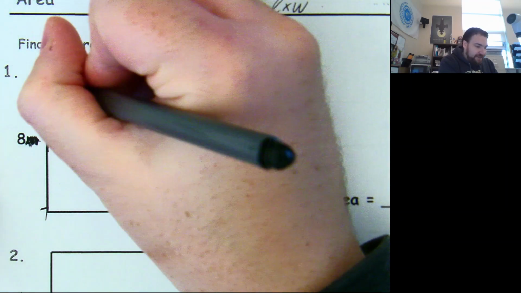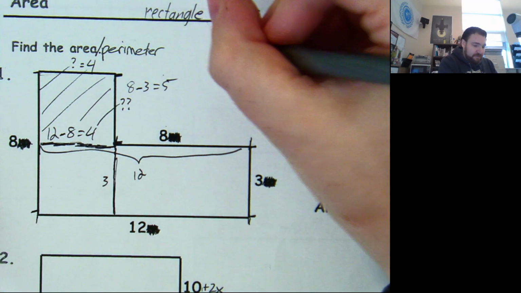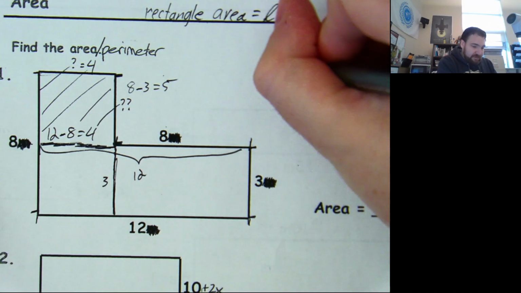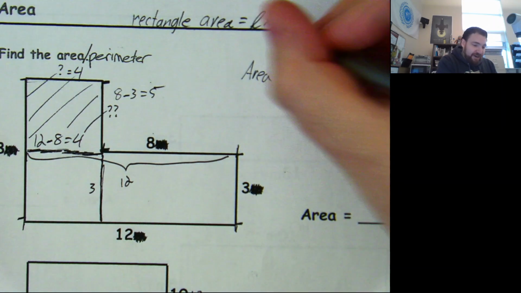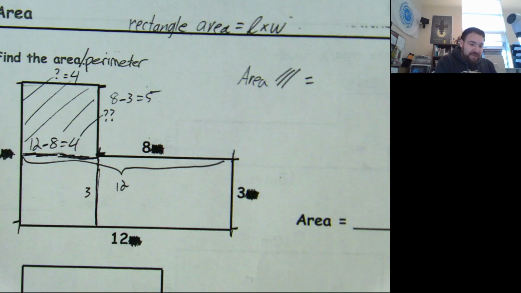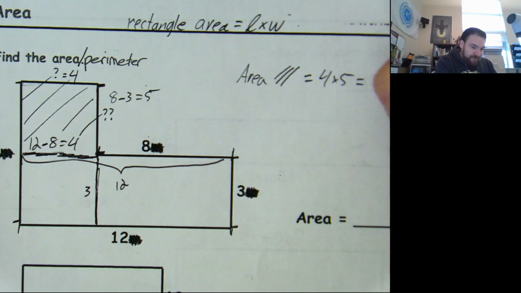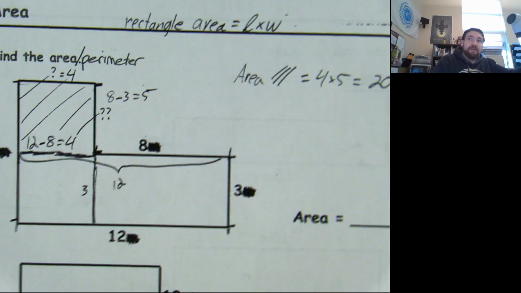So the area of that shaded region is just going to be the length times the width. So it's going to be 4 times 5, which is 20. Oh, zoom out a little bit.